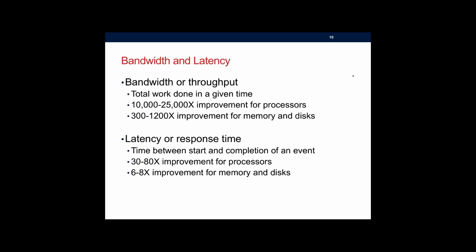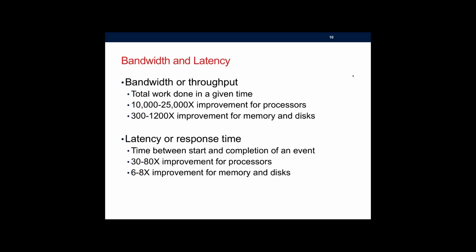If you're doing sequence mapping, you have input reads, and how many of those reads you can map in a second is your bandwidth. The latency is the time between start and completion of the event. So the latency of mapping a single read is the time it takes to find that read in the whole genome, pinpointing that location.